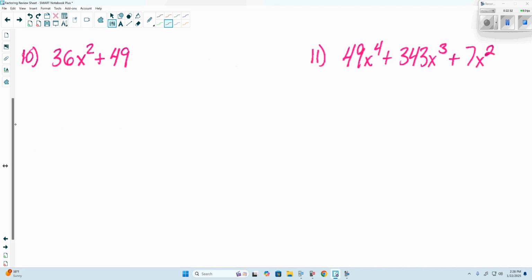11. Is there a term that goes in all 3? If we factor 7x squared out of 49x to the 4th, if I factor 7 out of 49, we're left with 7. If I factor x squared out of x to the 4th, we're left with x squared, plus.